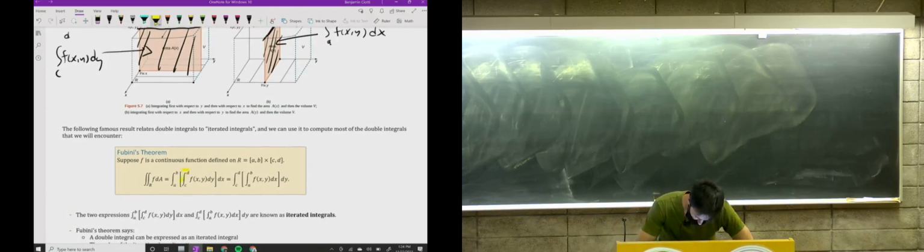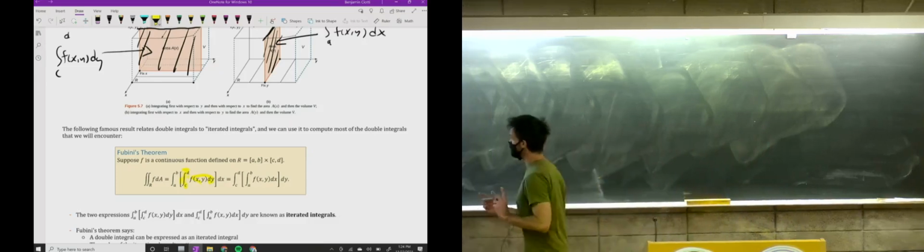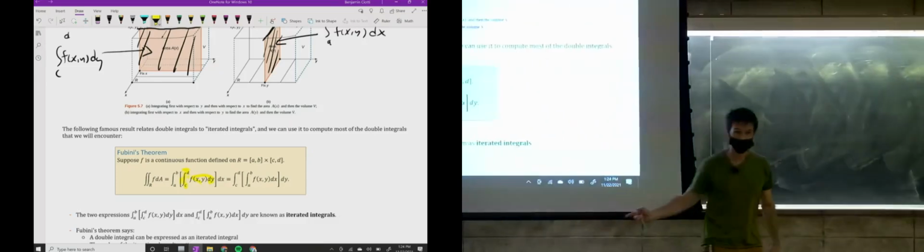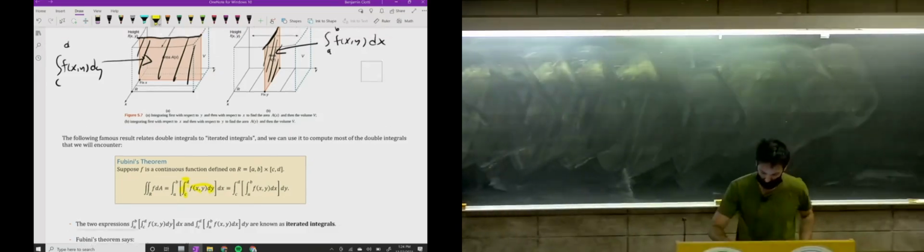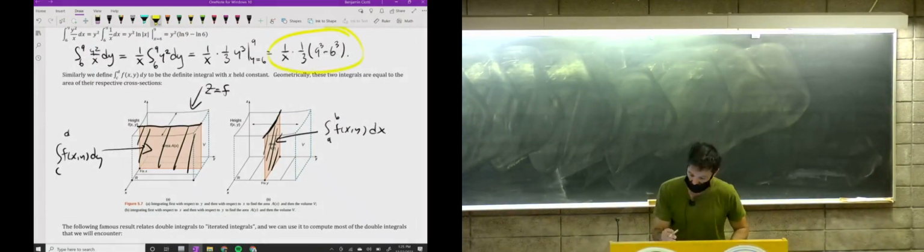We integrate f from c to d with respect to y, holding x fixed, as I just explained. That gives you something that depends on x, right? Kind of like in the last example. The answer here was a function of x, so you can integrate that with respect to x.